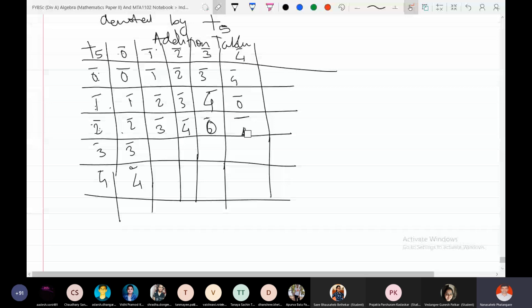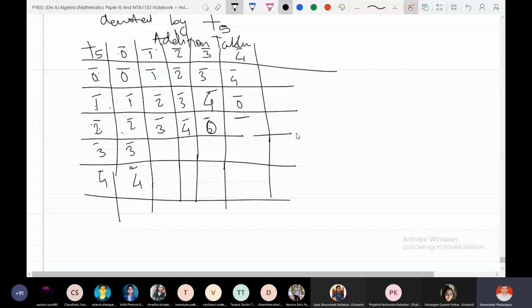Here 2 bar plus 4 bar is 1 bar. 3 bar plus 1 bar is 4 bar. 3 bar plus 2 bar is 0 bar. 4 bar plus 1 bar is 0 bar. We check this. Then 1 bar, 2 bar, 3 bar.